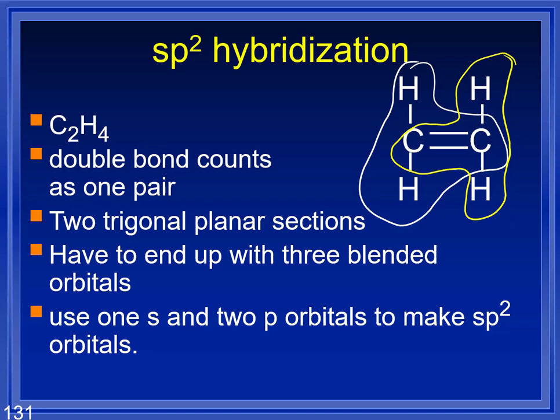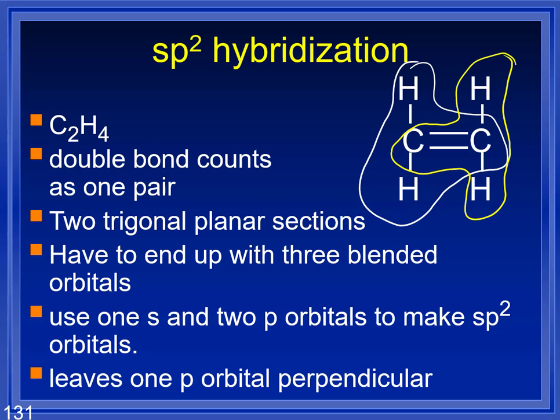I don't have to worry about averaging up because I didn't use the up and down component. So the p orbital I left off is perpendicular to the ones that I used. Okay, so I didn't use this p orbital, so it's still sitting there, ready for 2 electrons.